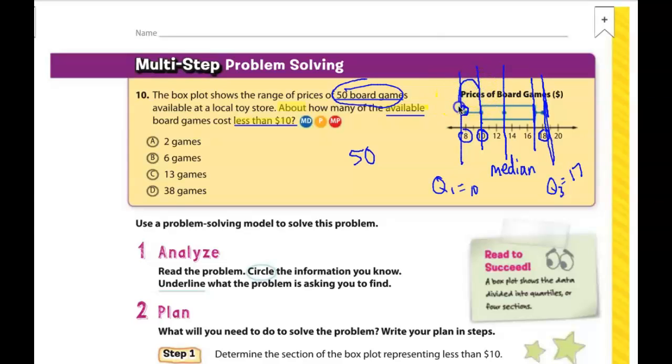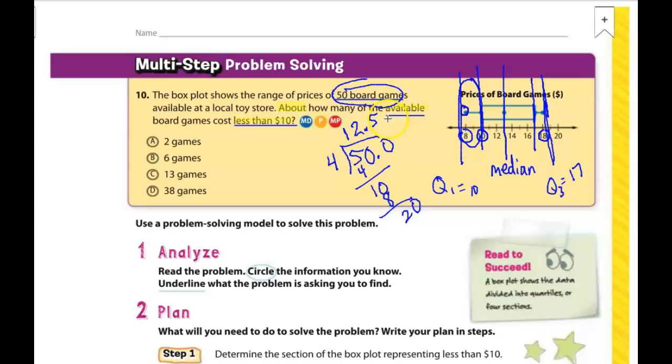So this is what we want to know. That's one out of these 4 pieces here. So we want to divide 50 into those 4 pieces. Go ahead and solve that for me, please.